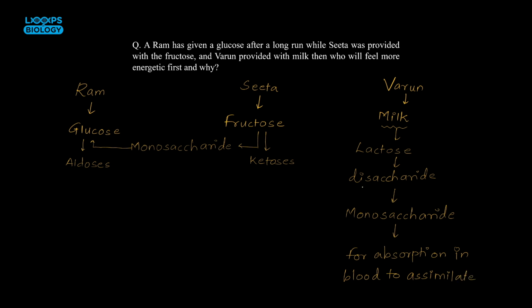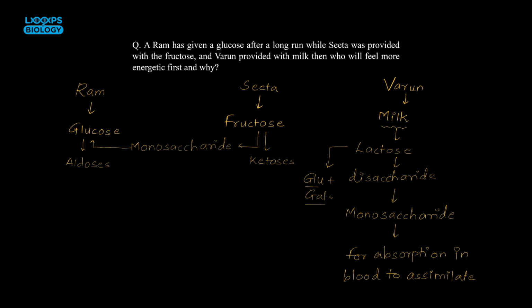Now, which disaccharide? Lactose is made up of glucose plus galactose. So we get two monosaccharides, but we still have to first break down the lactose as a disaccharide into monosaccharides and then obtain the complete energy.